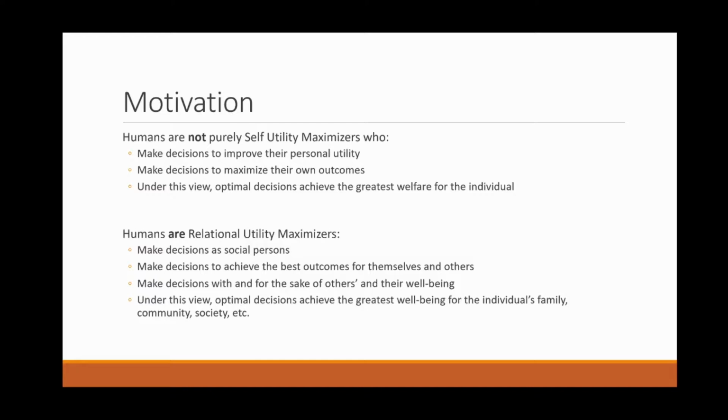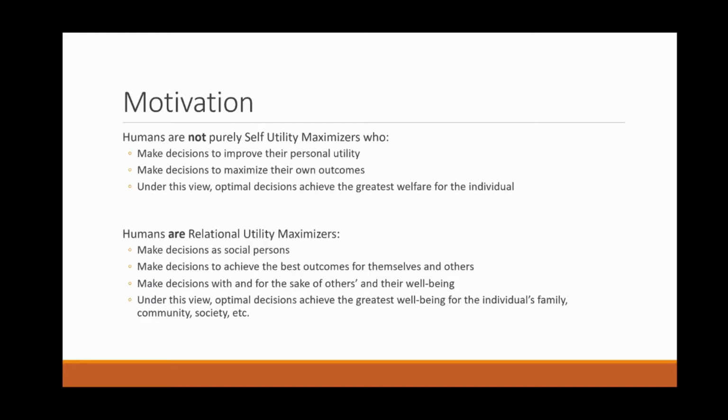Okay, now under this view, optimal decisions achieve the greatest well-being for individuals, families, community, and society. The optimal decision that I can make is a decision that takes into account my well-being and the well-being of those around me. That is an efficient decision.